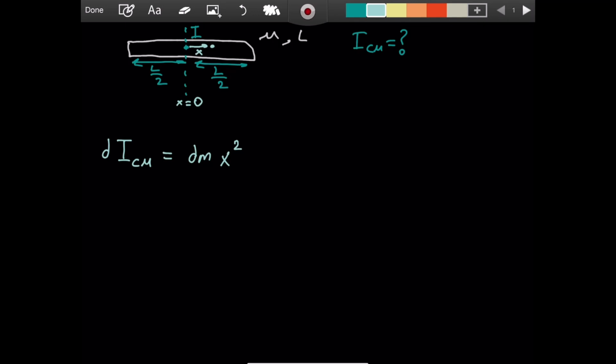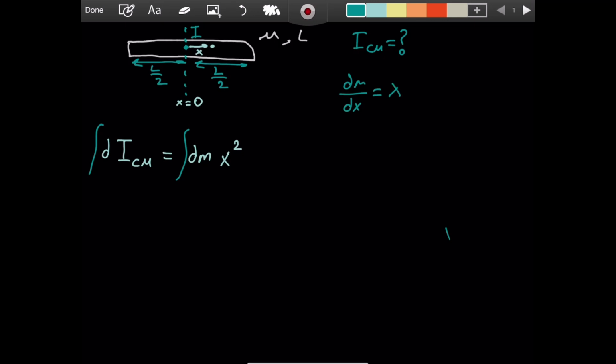Now, to get the center of mass moment of inertia, we will integrate both sides. We will have limits, but to have limits that help us, we need to get rid of this dm and write it in terms of dx. How could we do it? Well, we know that dm over dx equals the density, which we can call lambda.